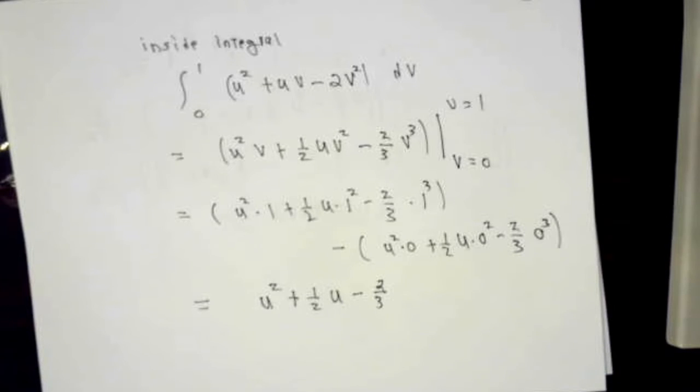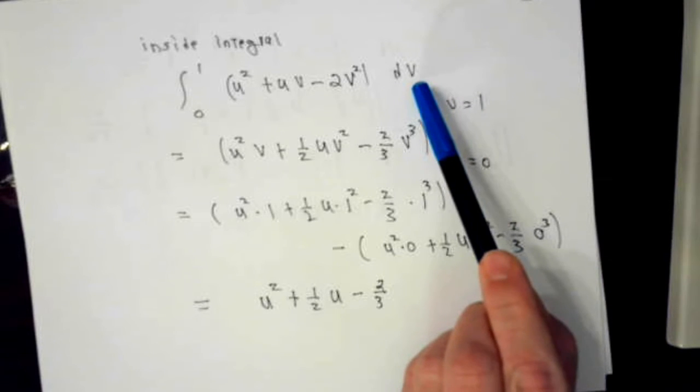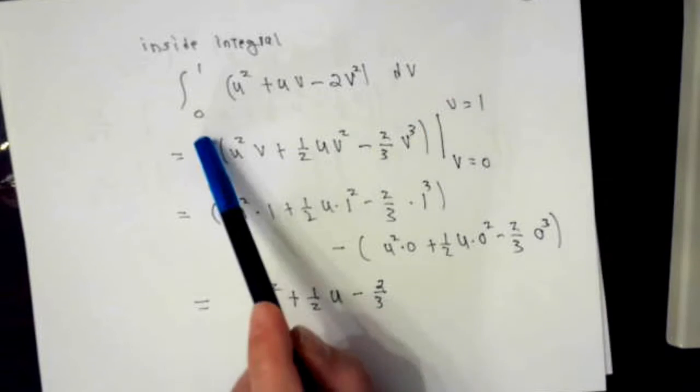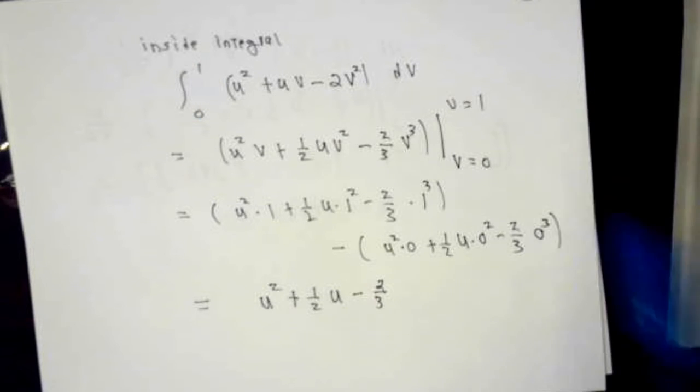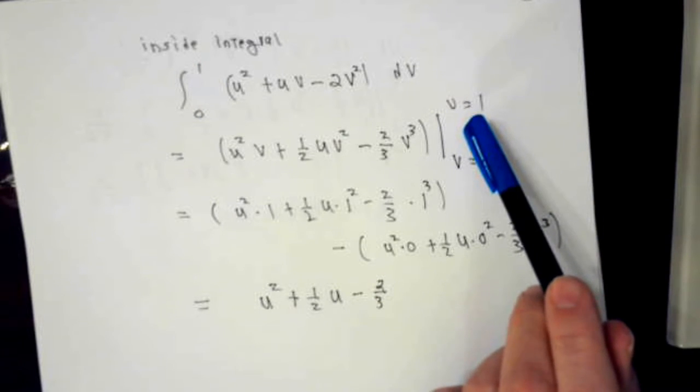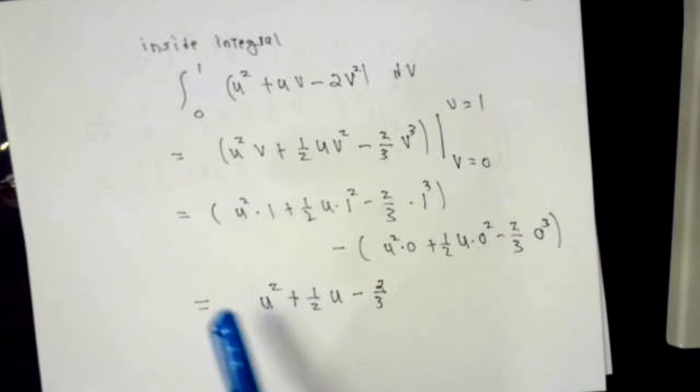Doing the inside integral first. Remember, v can't show up in the answer because it's a definite integral, but u can. Take an antiderivative with respect to v, evaluate it at v equals 1 and v equals 0, and subtract, and we get for our inside integral u squared plus 1/2 u minus 2/3.